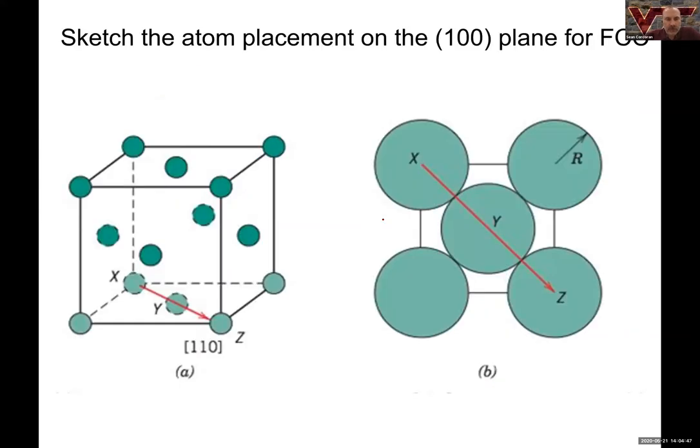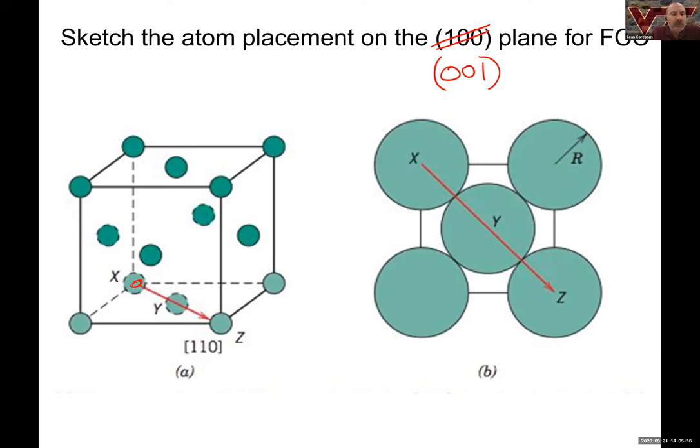Again, if I look at the 1, 0, 0 plane, or in this particular case, let me keep the labeling that they've done here. This would be a 0, 0, 1 plane. Let's talk about that a little bit, because that looks a little confusing, since it looks like this plane is intercepting here at the origin.